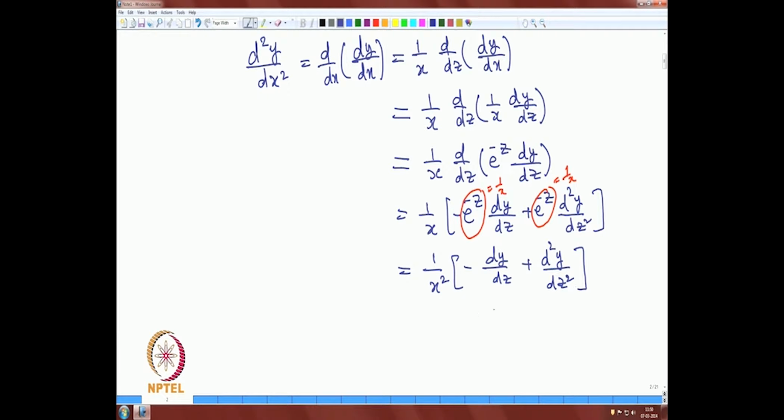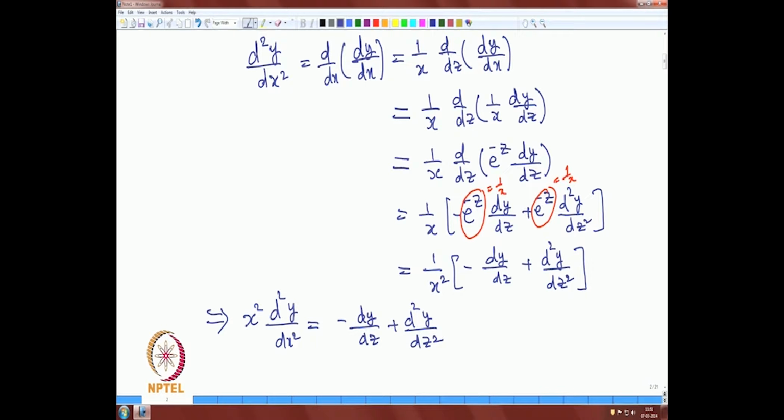Therefore, the second derivative d square y by dx square is 1 by x square into minus dy by dz plus d square y by dz square. This implies that x square into d square y by dx square is equal to minus dy by dz plus d square y by dz square.